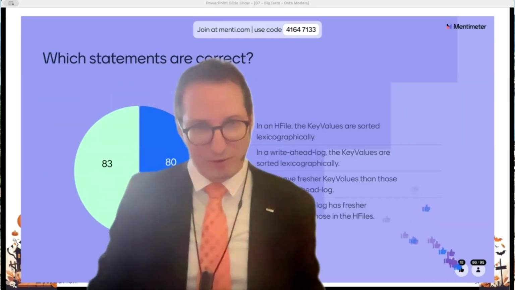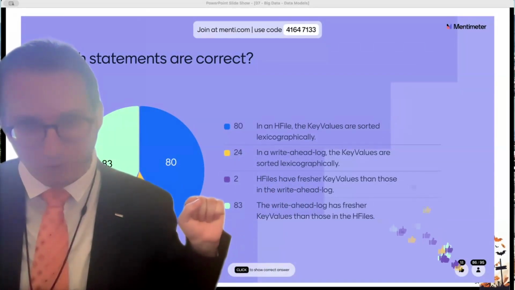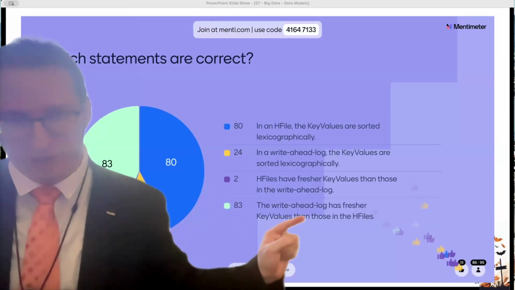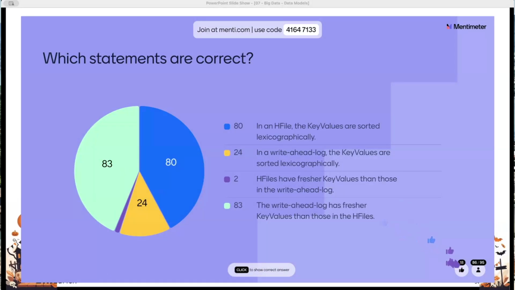Then that takes care of the first two. And then we have the other two. So you think that the fresher values are in the write-ahead log than the H files, and this is correct. The H files, these are the fossilized data, right? So that's the data that was already flushed and compacted long ago that used to be in the mem store, and it used to be in the write-ahead log. But once it's been written to an H file, you don't need to keep it in the log anymore, right?